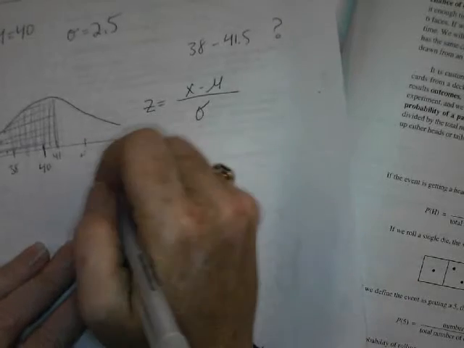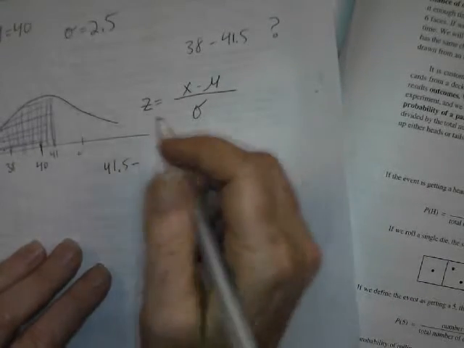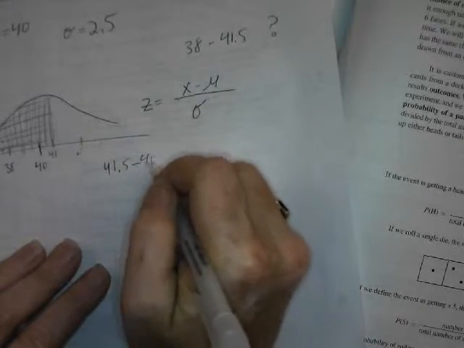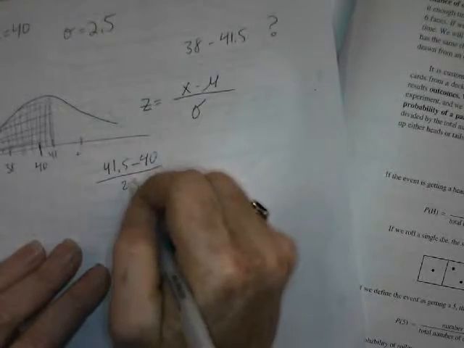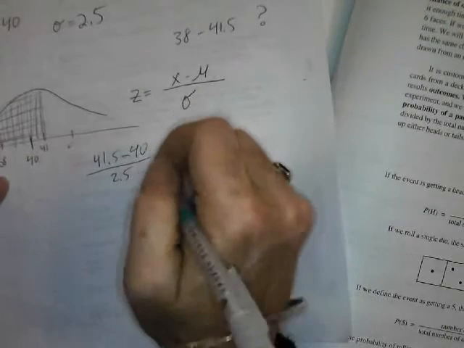I'll do it for the 41 first. 41.5 minus mu, which is 40, over 2.5. Last time I made a big mess by not using my calculator, trying to do it in my head. I'm getting 0.6 right here.